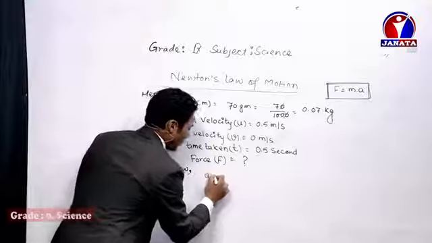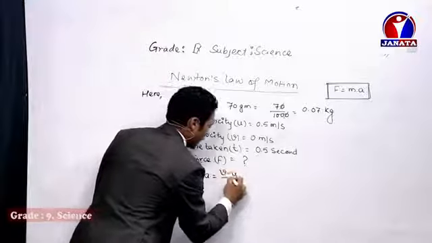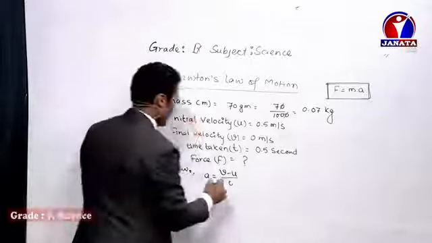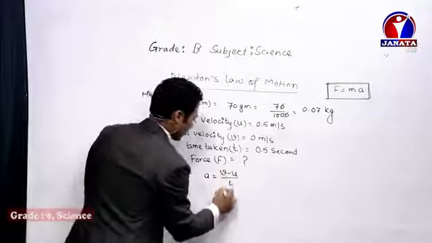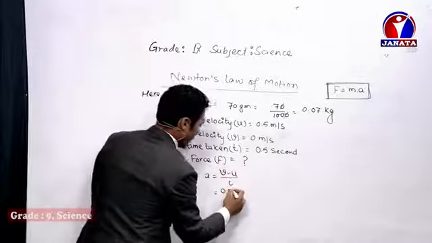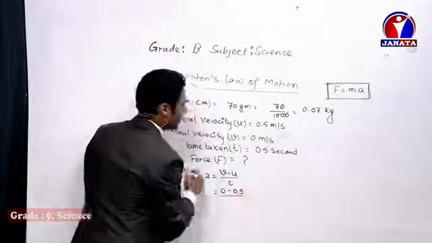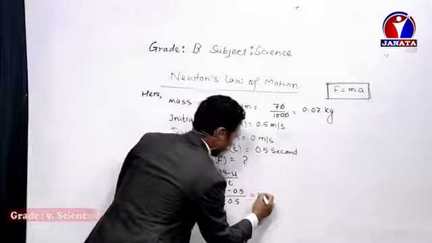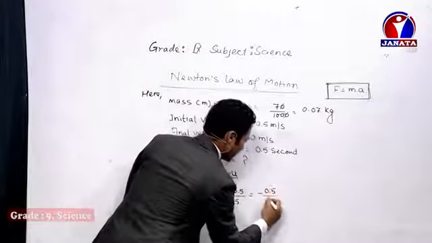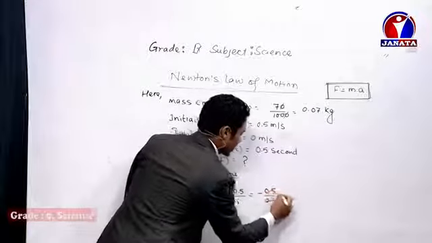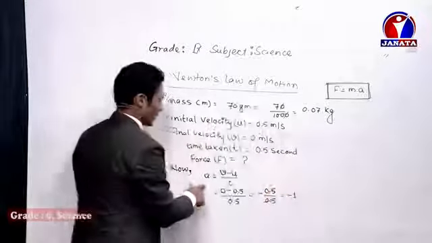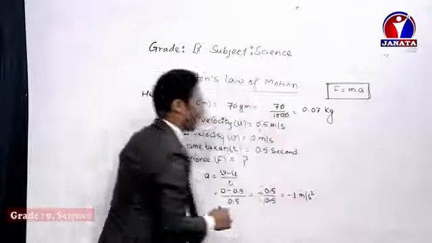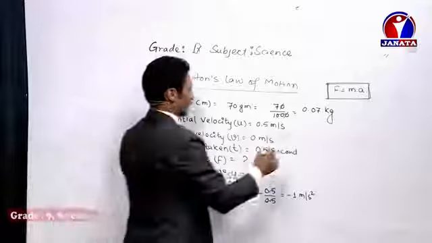So acceleration a equals to V minus U by T. This is the formula that we have learned previously, right? So V is 0, U is 0.5, and T is 0.5. So equals to minus 0.5 by 0.5. If you cancel this, it is minus 1. So acceleration is minus 1 meter per second square, right?